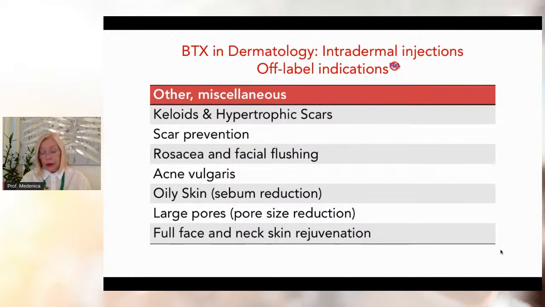Injection of botulinum toxin has been shown to significantly reduce signs and symptoms of acne, rosacea, oily skin, and to reduce large pore size. And at the end, we would like to discuss botulinum toxin intradermal injection in full face and neck skin rejuvenation.